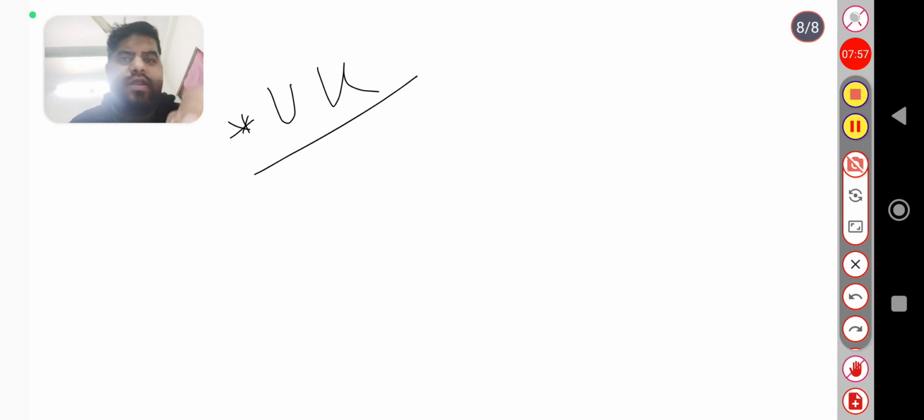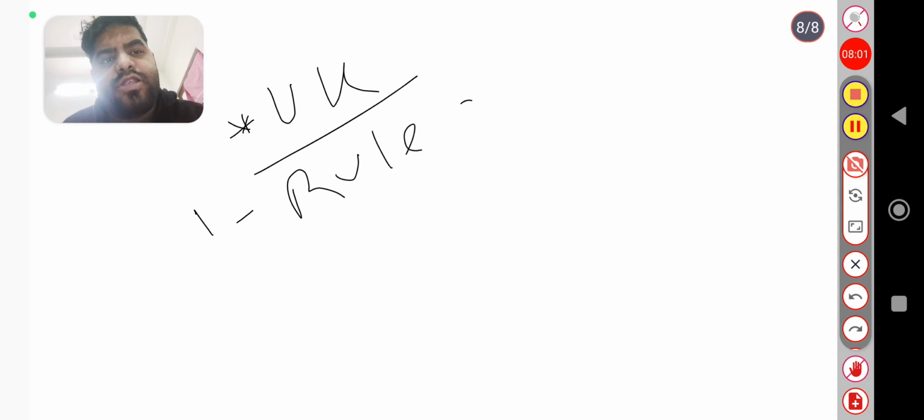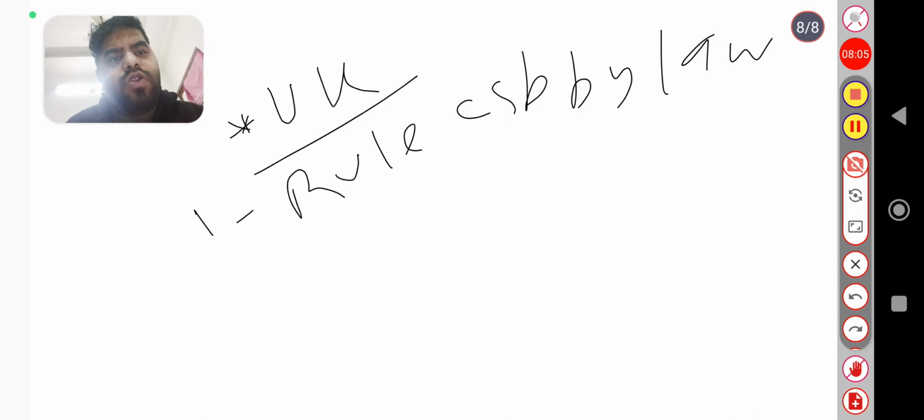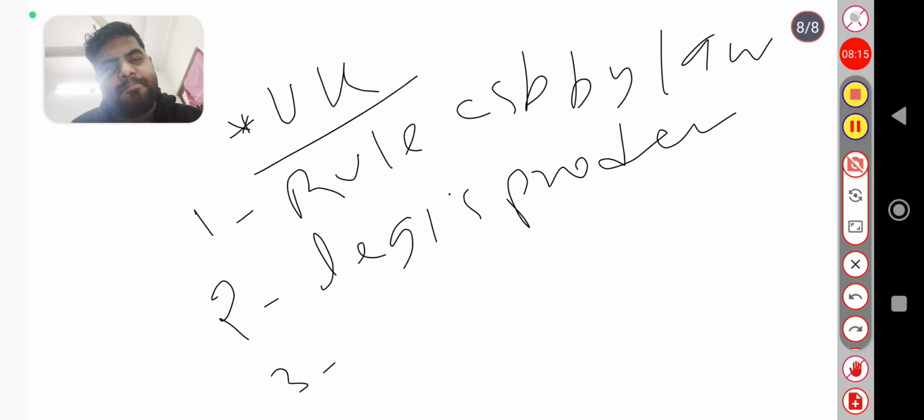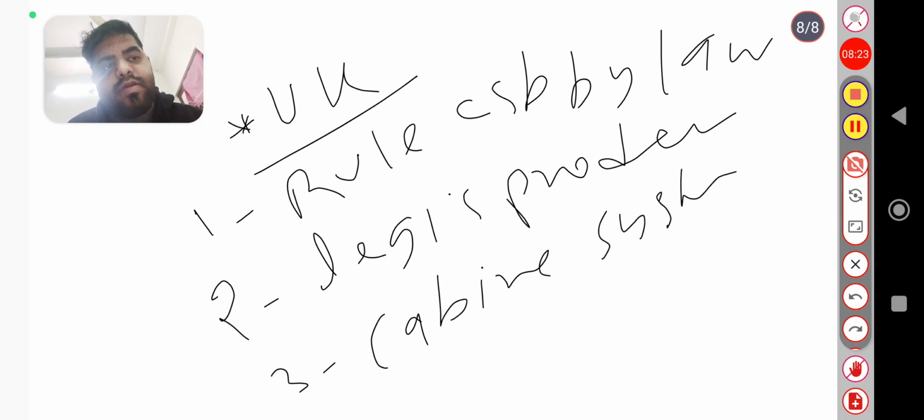The first point is rule established by law. Second point is legislative procedure. Third point is cabinet system. Fourth point is bicameralism.